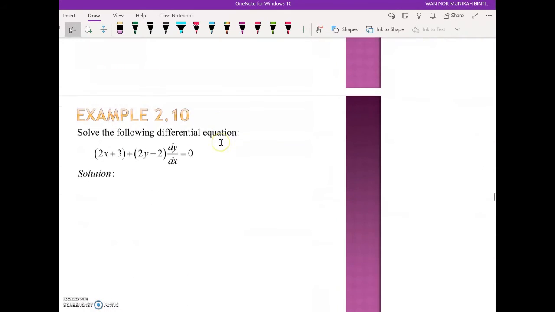Okay, let's continue. Now I have this kind of equation. Solve the following differential equation.